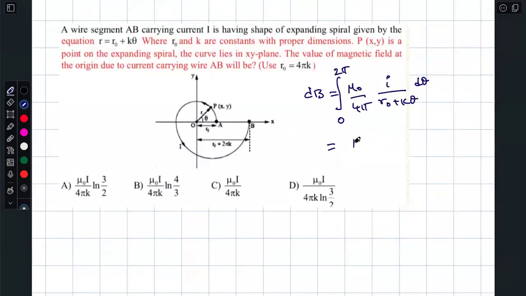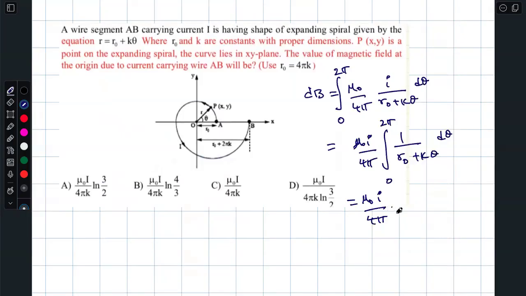Integration comes. Mu naught I by 4 pi, integral of 1 by R naught plus K theta d theta, from 0 to 2 pi. This is nothing but mu naught I by 4 pi, 1 by K log of (R naught plus 2 pi K) by R naught.